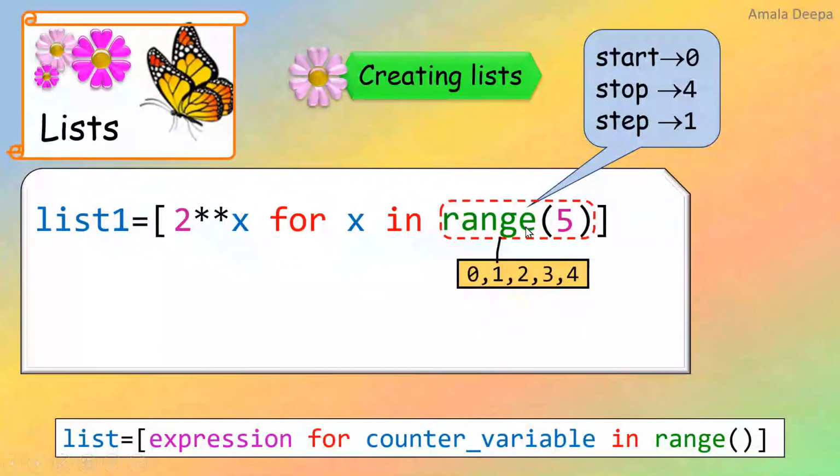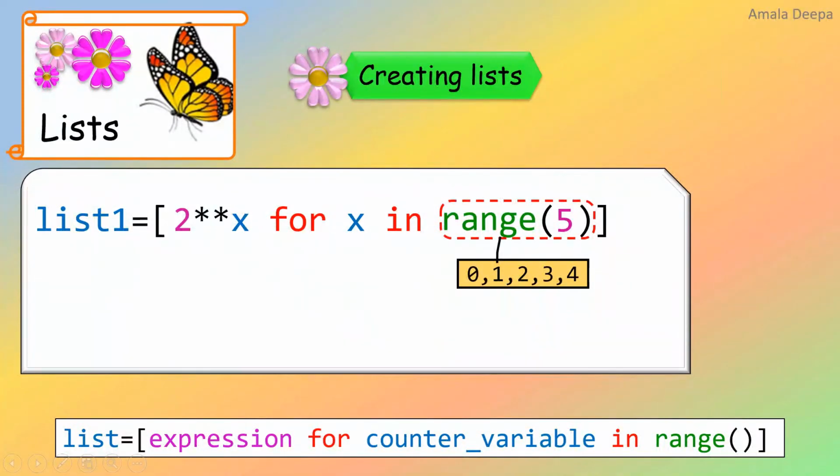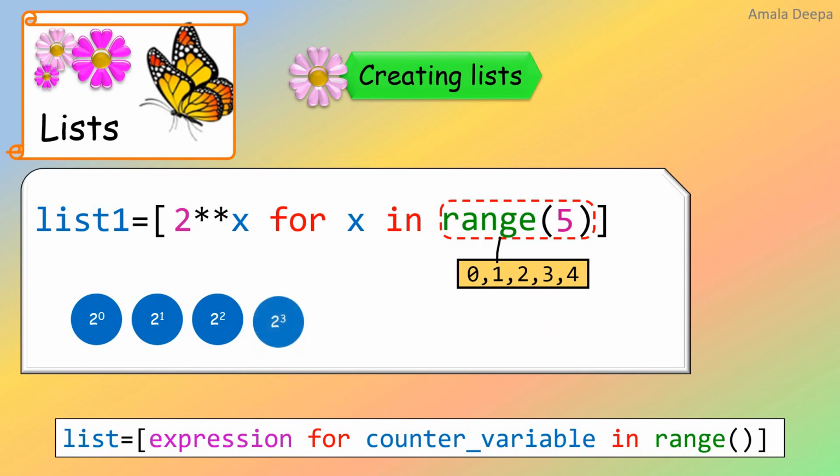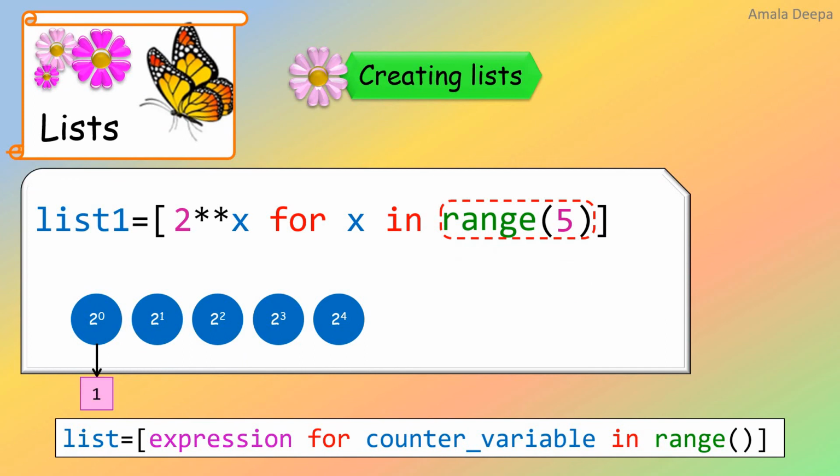For x in range 0, 1, 2, 3, 4, which means x takes the values 0, 1, 2, 3, 4. These values of x you should apply in this expression, 2 power x. 2 power 0, 2 power 1, 2 power 2, 2 power 3, 2 power 4. 2 power 0 is 1.